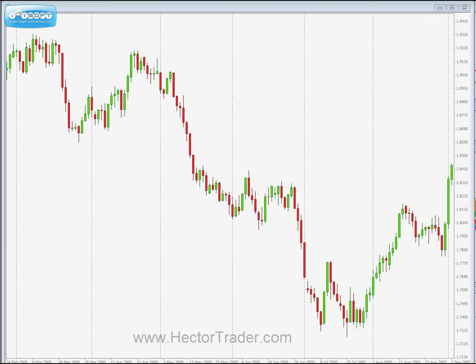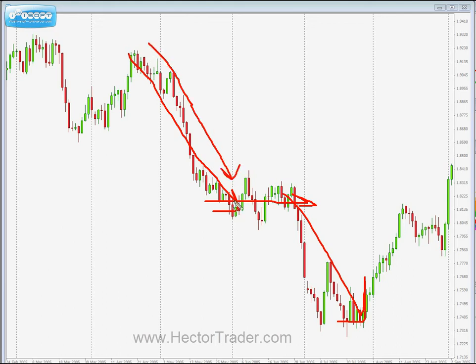As you can see, price comes from a clear down move, then enters a period of sideways consolidation before breaking below for a whole new swing to the downside. As I was saying before, sometimes as price moves heavily in one direction, bears and bulls need to take a breather.